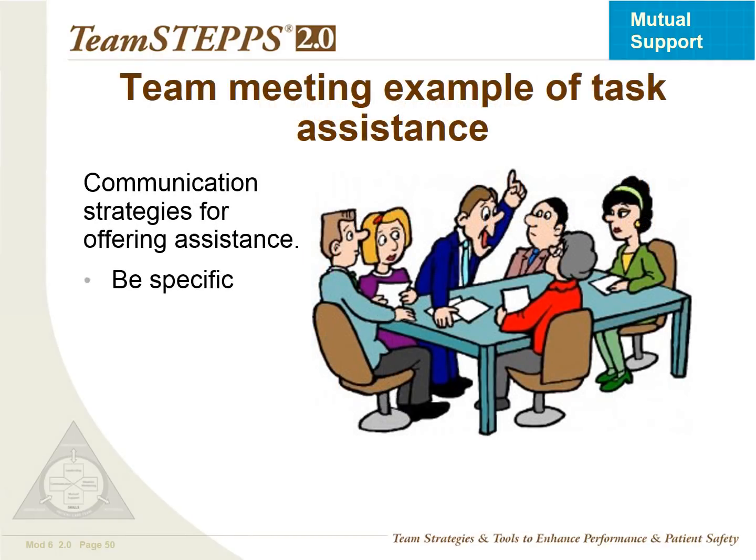To use mutual support in a team meeting example, remember that communication strategies can be used for offering assistance. You should be specific, be respectful, and provide a timeline. So take this example. You're in a team meeting and one member has numerous responsibilities to follow up on for a patient plan of care for discharge.